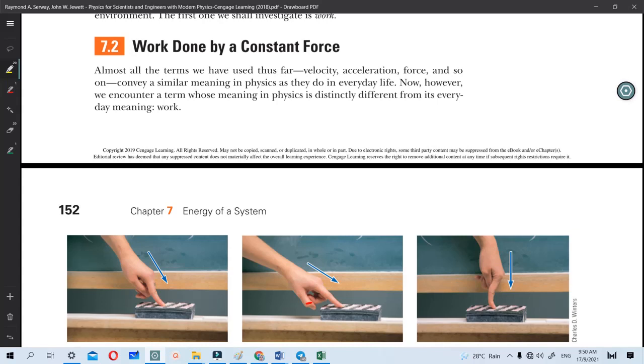Because you are doing work in the form of chores just now. Kerja rumah, right? So that is a generic idea of what work is. Now in physics, however, we are interested in the idea of work whereby there is a byproduct, an end product, due to the work done. And in this case, we are looking at displacement.